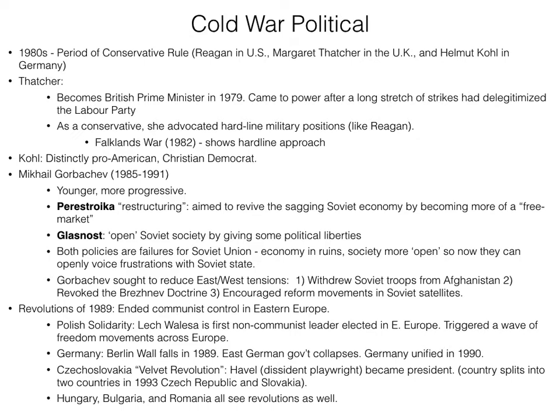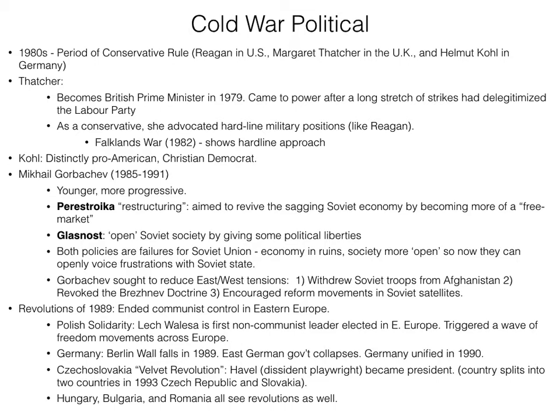When the government takes its foot off the gas pedal, the economy is going to dramatically decline, and the economy is in ruins. Now that society is more open, people start to really voice their frustrations with the economic problems, and those problems are going to boil into bigger protests. So this all backfires on Gorbachev.